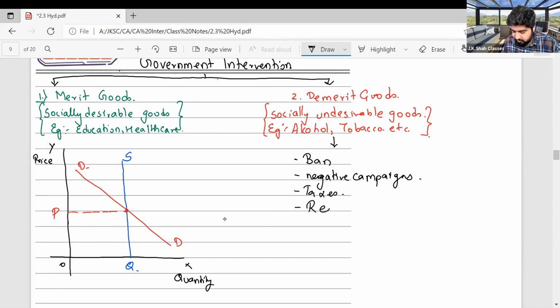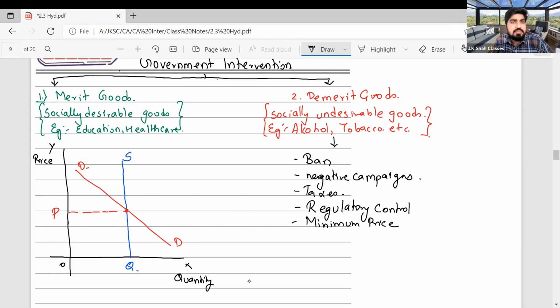Next one, regulatory control can be imposed. Regulatory control means put an age limit. And last one, put a minimum price on this product. Put a minimum price on these products.